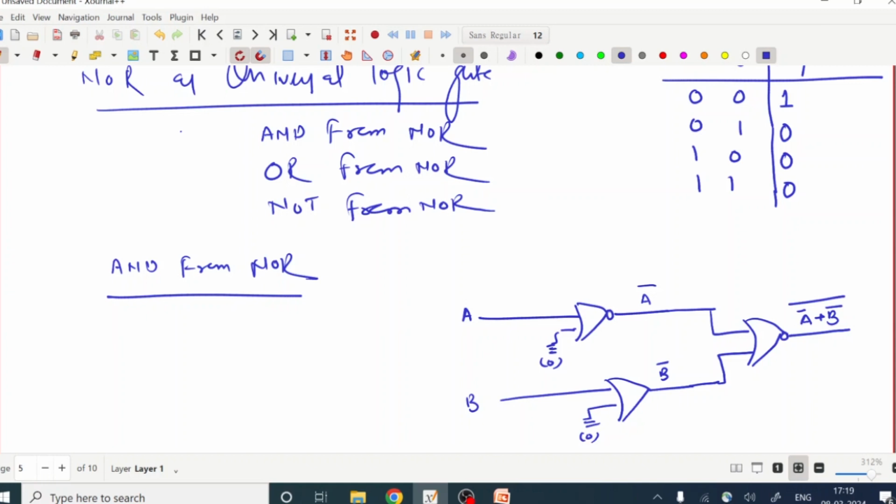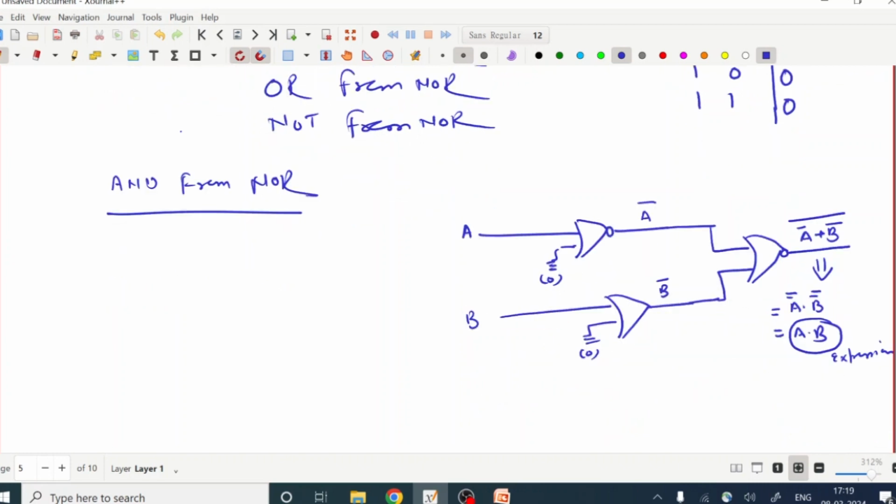By using De Morgan's law, this expression is equivalent to A double complement dot B double complement, and the complement of the complement of any variable is the same variable. So this equals A into B. This is nothing but the expression of AND gate. In this way we design AND gate from NOR gate.